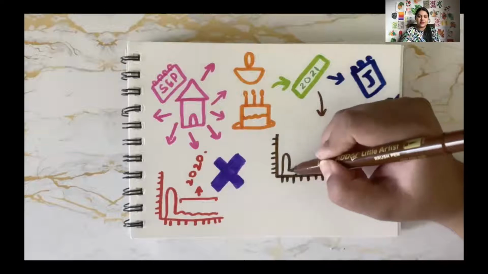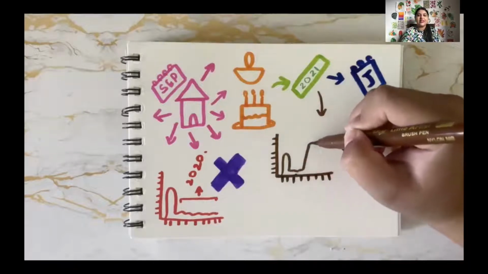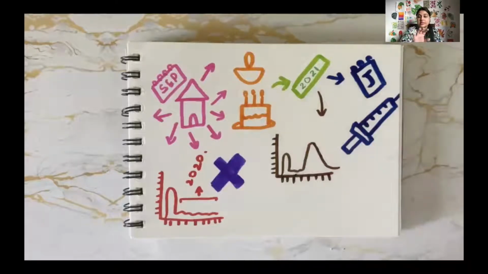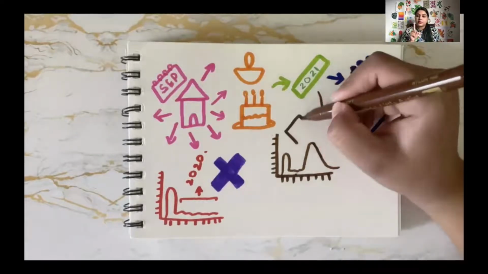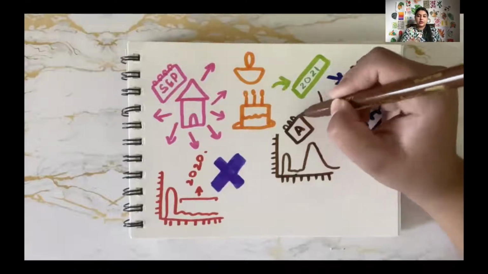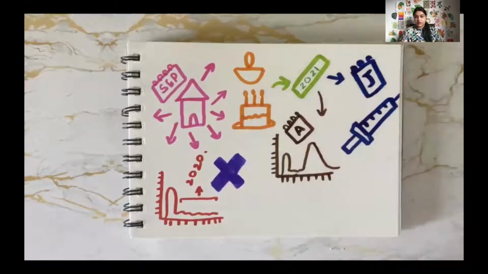So this is the first wave that I drew right here, and there I have my second wave of COVID-19. And this basically started happening in April. So I'm going to go ahead and draw again a calendar sheet as a justification of April.